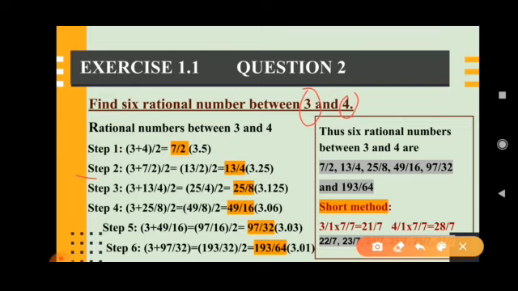So here they asked in between 3 and 4, not 4 and 5 or something else. So if they give 3 and 4, you always have to take the lesser number, 3. Clear? If it is 4 and 5, consider 4. If it is 10 and 11, consider 10, and so on.